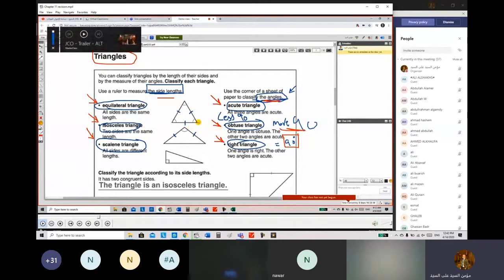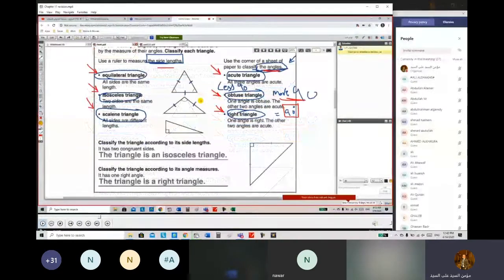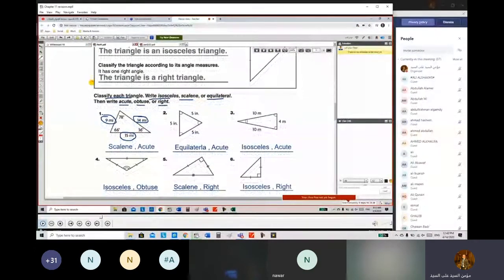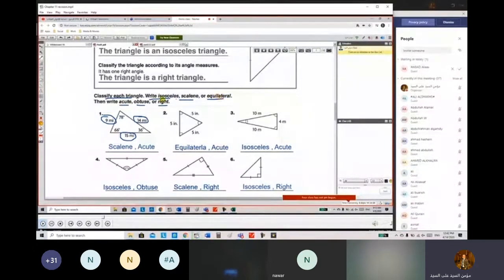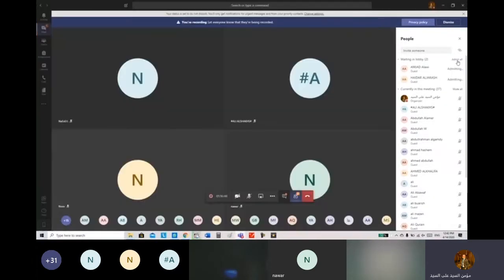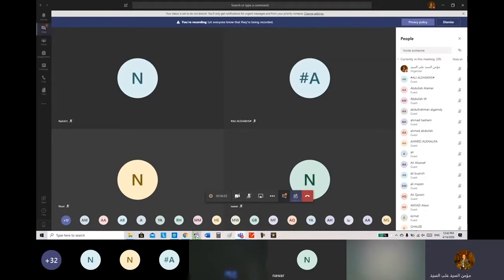Okay, the next one. Classify each triangle as right, isosceles, plane or quadrilateral according to its sides, of course, and then right, acute, or obtuse according to its angles. We have here the three sides are different in length. So what we're going to do, you have to write scalene first.